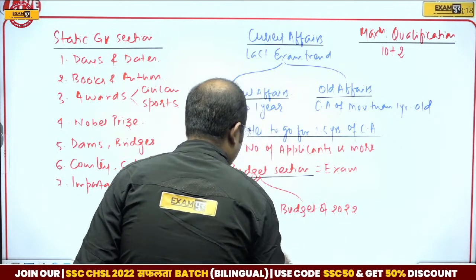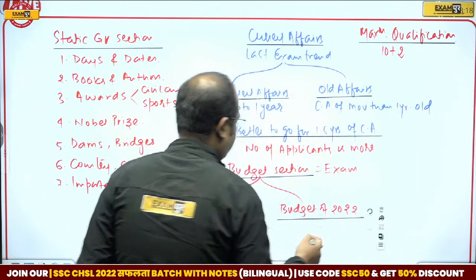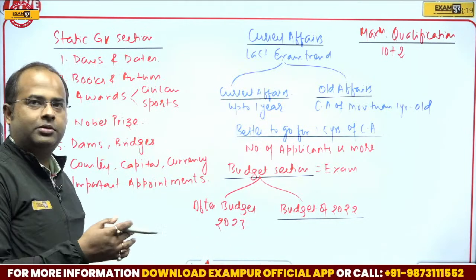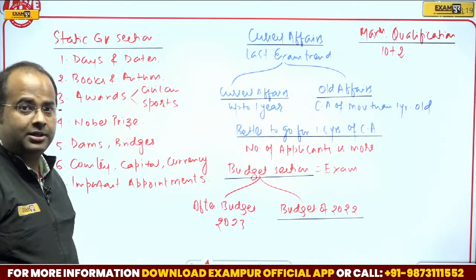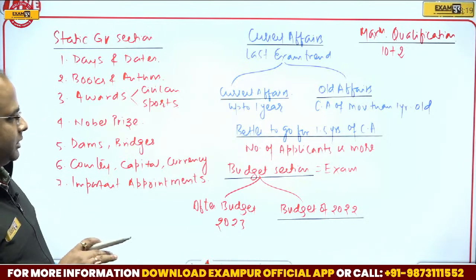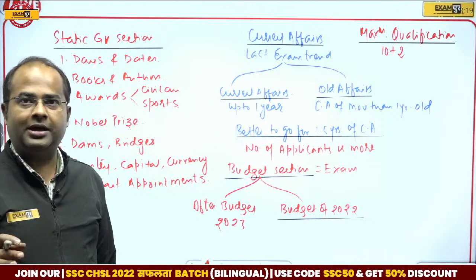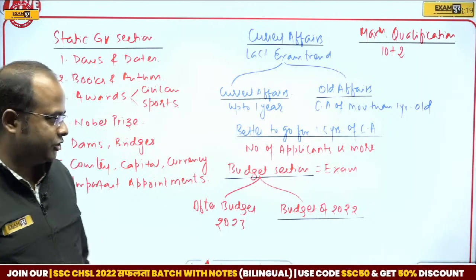So please have a look at this budget as well, because there are high chances that they can ask questions from the previous year's budget rather than the current year. This thing I have seen in the last CHSL exam, that they have started asking the old affairs questions.